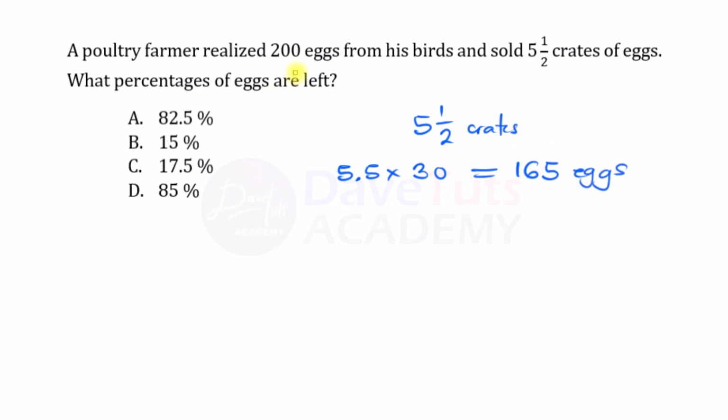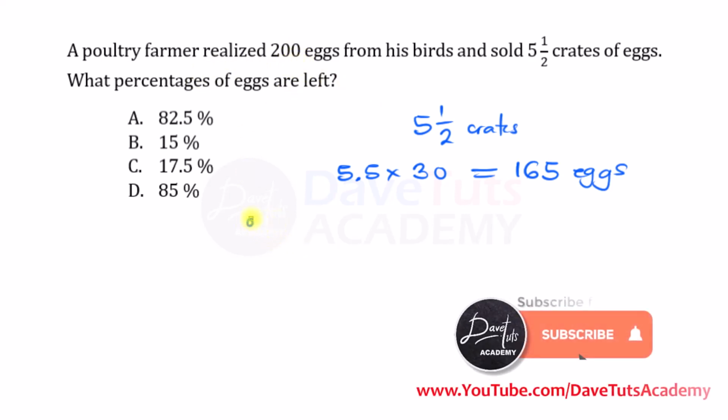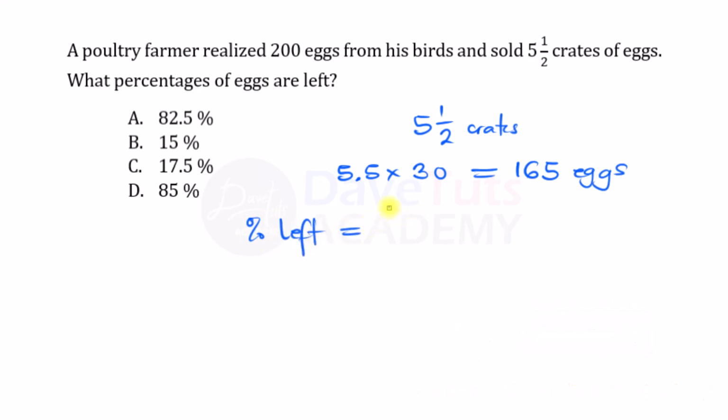Okay, but we are being told that originally his eggs is 200. So the percentage left is going to be the total 200 minus the ones that are sold, 165, over the actual amount, which is still 200, times 100%. This is just a very good analogy of interpretation.